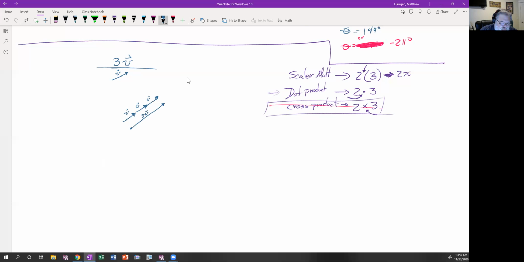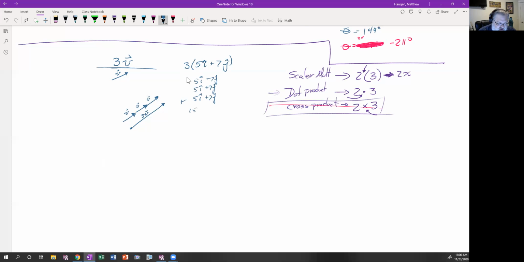addition. So if we have 3 and we want to write it in, say, component form, 5i plus 7j, that would just be 5i plus 7j plus 5i plus 7j plus 5i plus 7j.